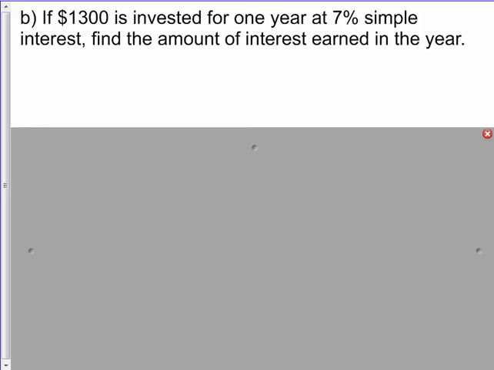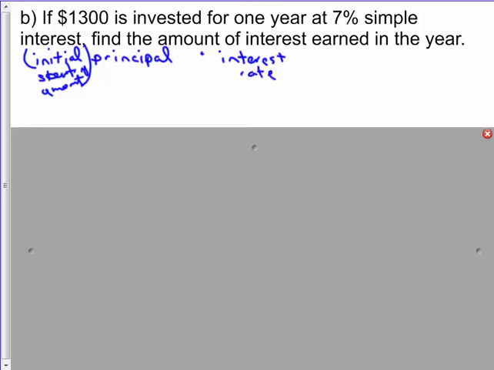In B, I'm looking at a similar problem, in this one involving interest. To figure out interest, I'm going to take the amount that I am investing, the principal it's called, times the percent interest I would get. So in this case, I invest $1,300. I invest it for 1 year.